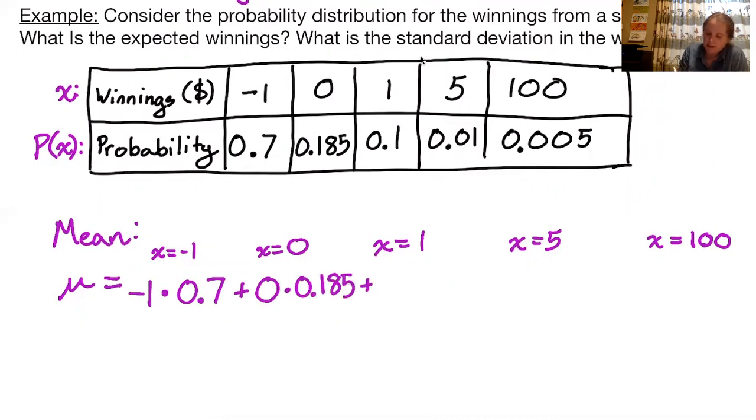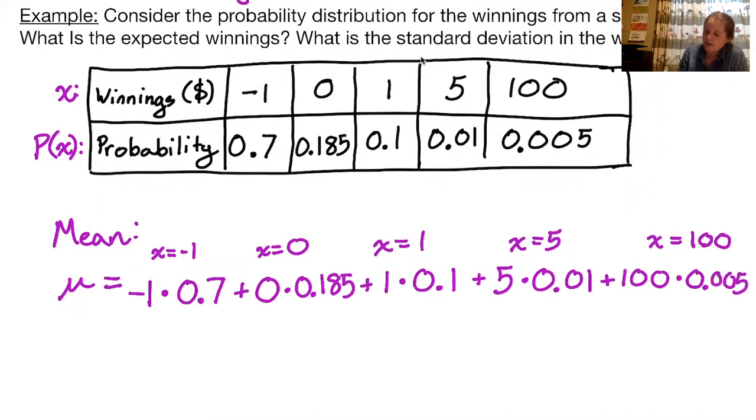Next, add data value of 1 times its probability of 0.1. Next, add data value of 5 times its probability of 0.01. And last, add data value of 100 times its probability of 0.005. So this is that formula, x times p of x. We take each data value, multiply it by its probability, and then add those all up.